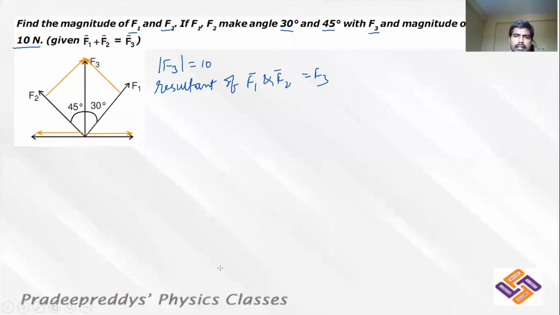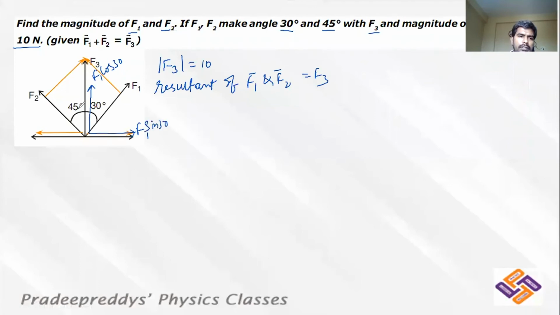Let me explain that clearly. F1 and F2 are two vectors, F3 is the resultant. I am just constructing a parallelogram over there. F3 will be the resultant of F1 and F2. Now I can resolve the vectors F1 and F2 into components. This is one component, it is F1 cos 30, and this is the horizontal component, F1 into sin 30.